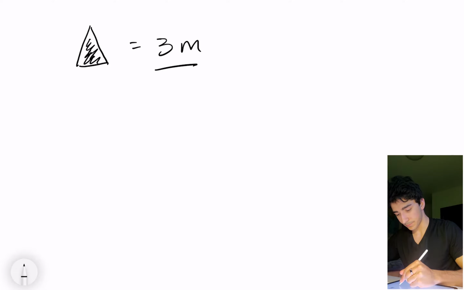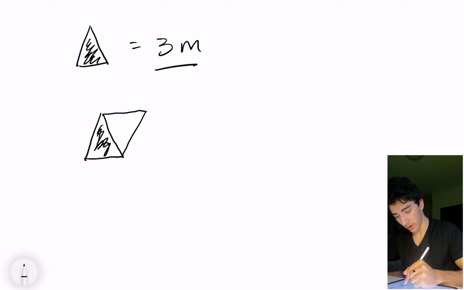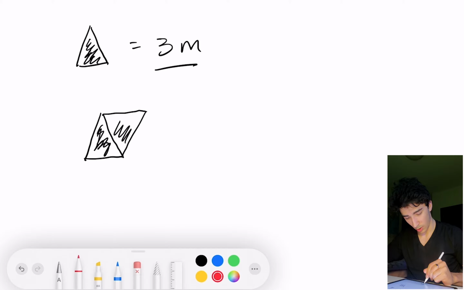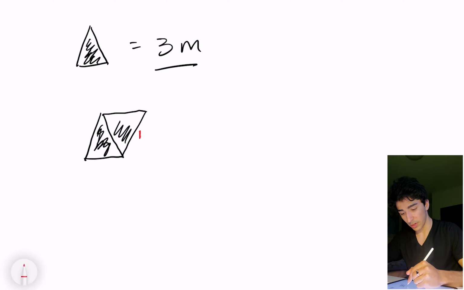As we can see, one wet triangle is once again equal to 3 meters. But what happens if there's a second triangle right beside it? Well, here's one side that we need to cover. Here's a second side. Here's a third side. Here's a fourth side.